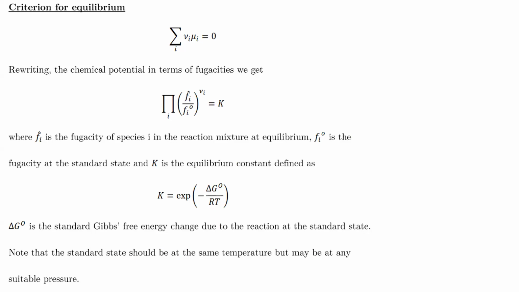At some standard temperature, you know the value, then you will take that value. And K is the equilibrium constant, which is defined in terms of the change in Gibbs energy of the reaction at the standard state you consider.